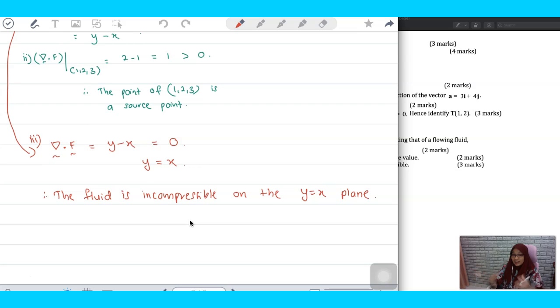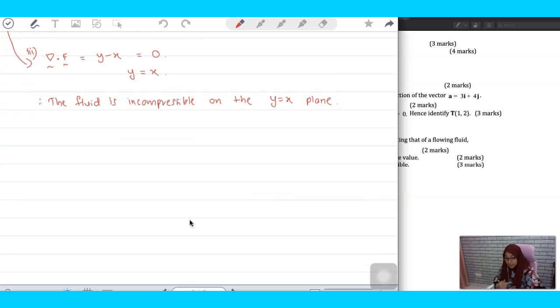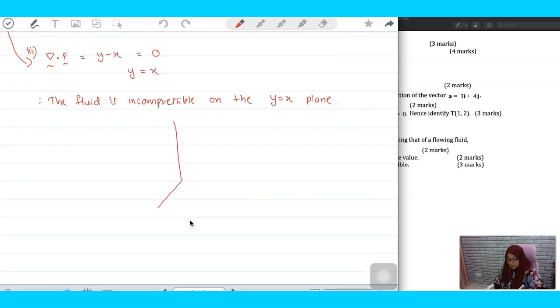But if you combine all together, you have infinitely many points, so you have a plane where, for any z, y and x should be the same. So if we sketch the y equals x plane, do you remember how to sketch the 3D graph?